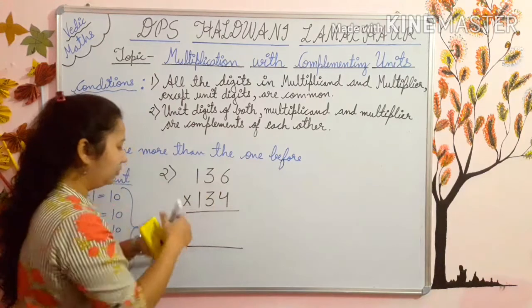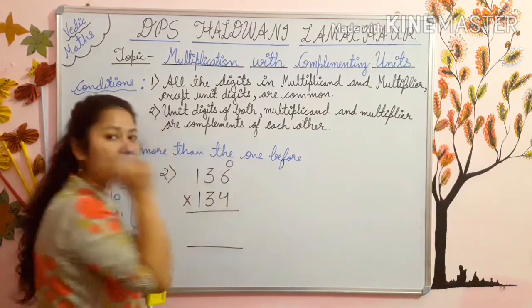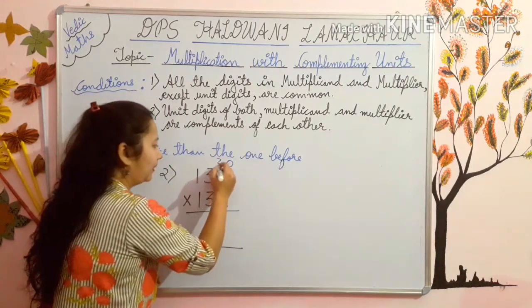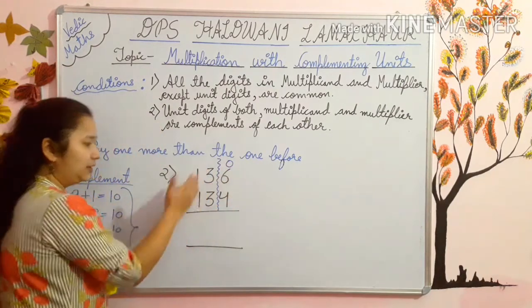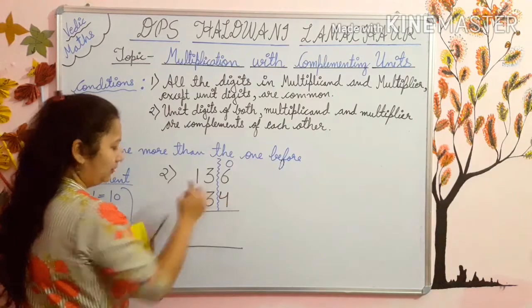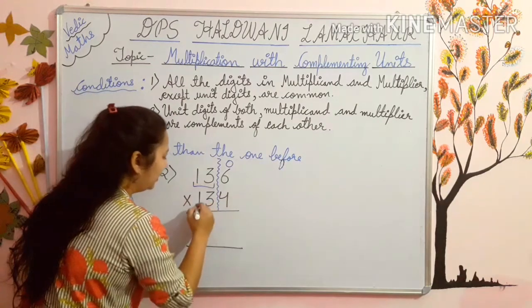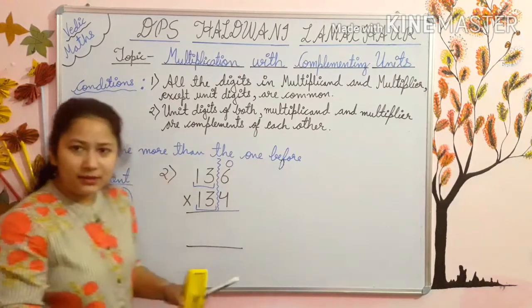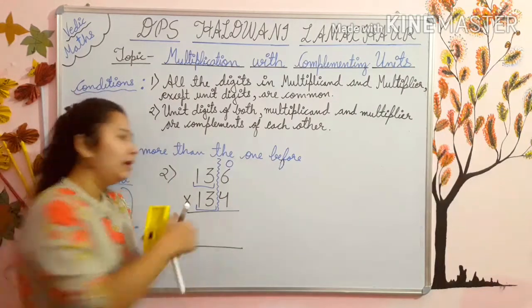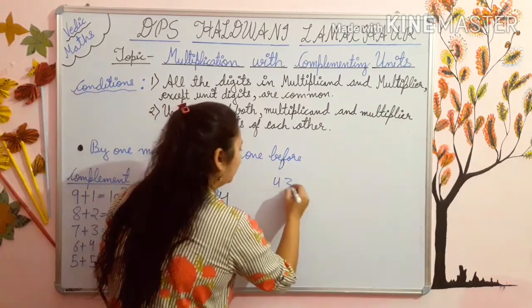See, this is your units digit, or you can say ones digit. And after ones digit, see, your numbers are same, 13, 13. So after ones digit, whatever is there, they should be same.